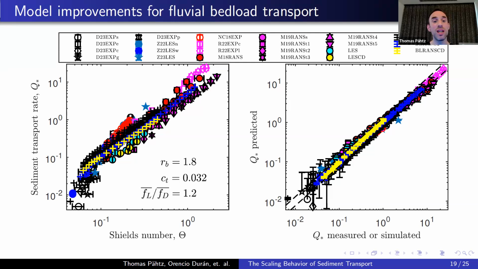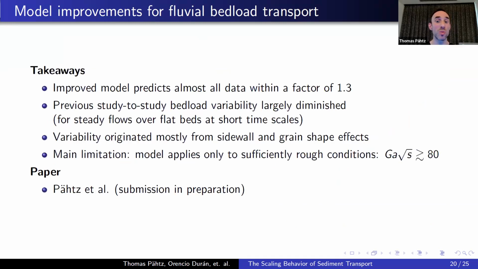These different data really spread a lot. And yet, after applying the model, they are very close together, and we can predict them within just a factor of 1.3. This would also be my takeaway.